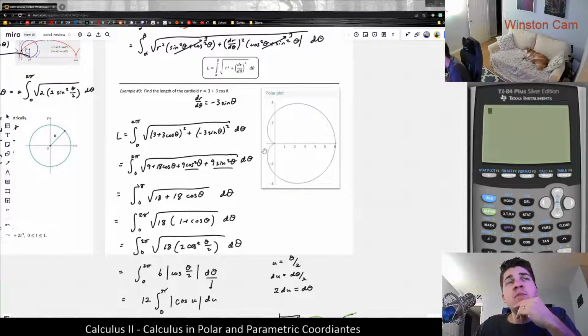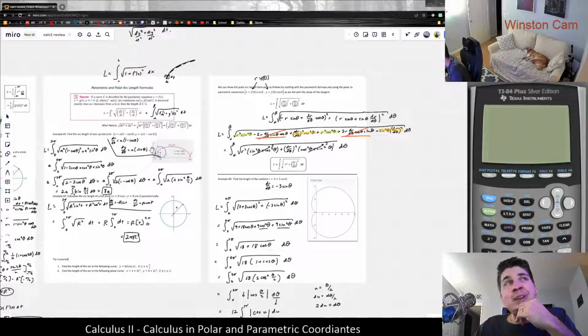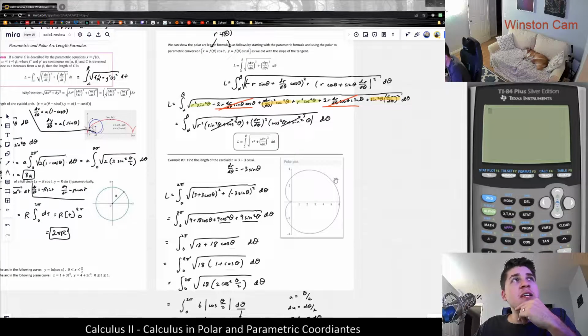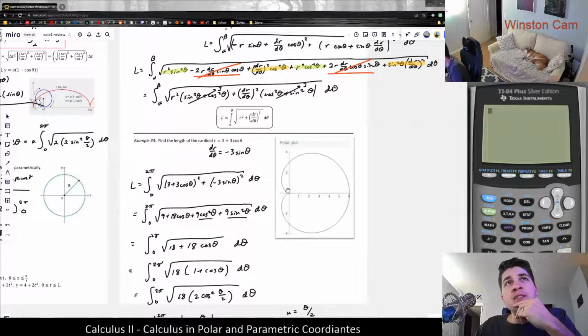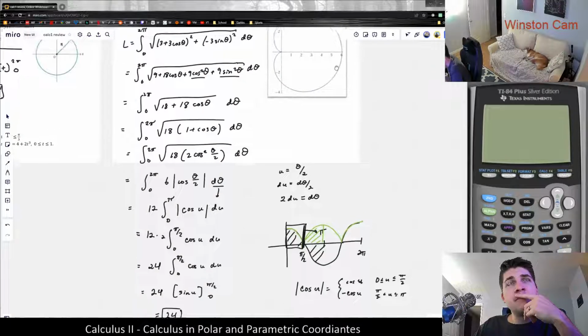But basically, the circumference of a cardioid is almost exactly the same as the arc length of a cycloid. There's a huge similarity in those structures. But what we end up with is a number that does not involve pi either, and exactly a value of 24 at the end of the day.